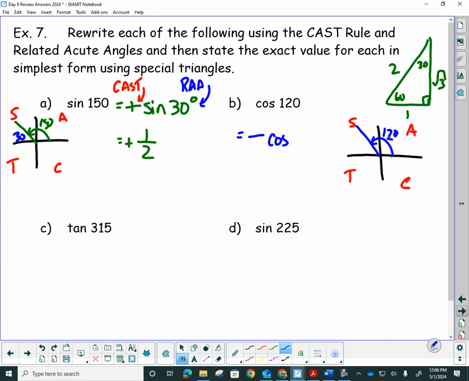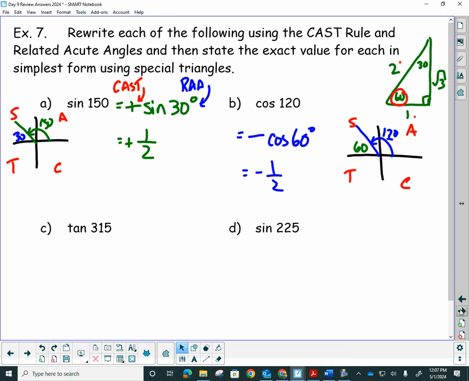The whole way over is 180, so if I subtract that, that means that's 60. So now I'm dealing with cos of 60. Again, I don't have a special triangle for 120, but I do for 60. And I know it'll be the same numbers, just the negative version of it. So since I'm doing 60, cos is adjacent over hypotenuse, which is 1/2. And so my answer is negative 1/2.